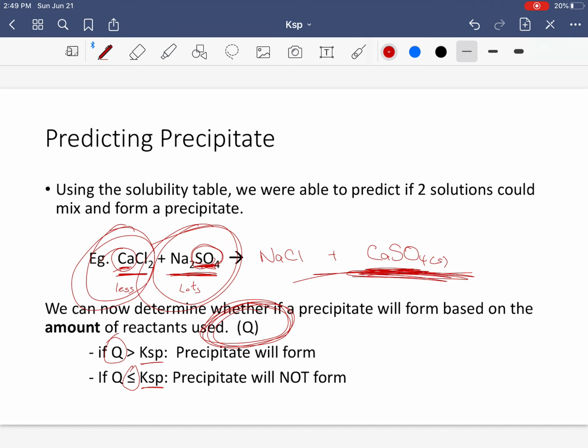This guy won't be made because precipitate is not going to be there, because you haven't reached that saturation point and beyond yet. Even if you are at the saturation point, you won't get this. You have to go over in order to see the precipitation.